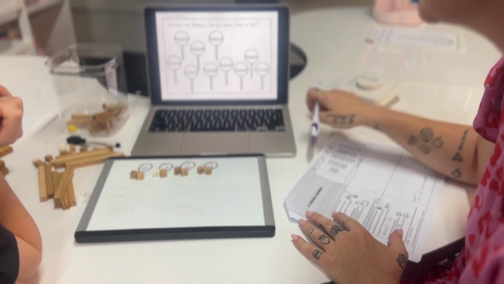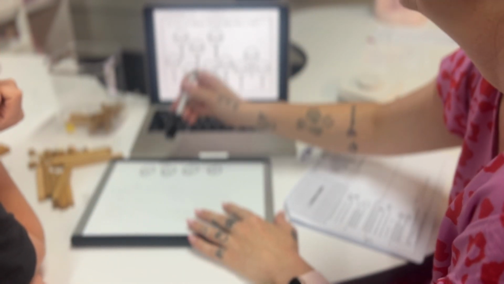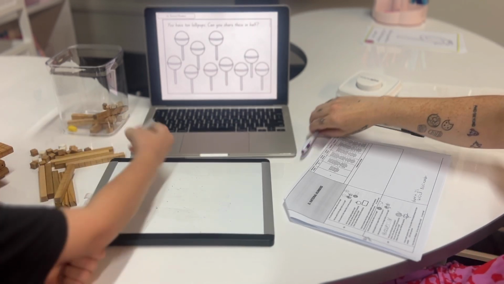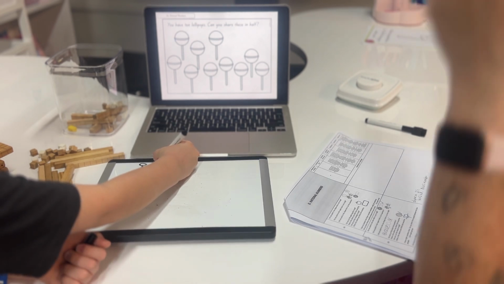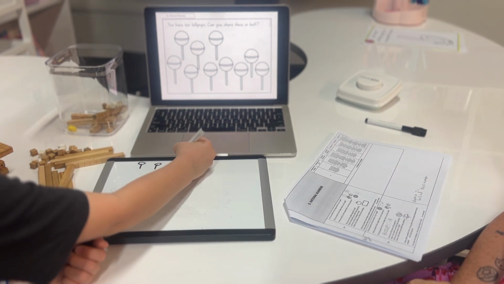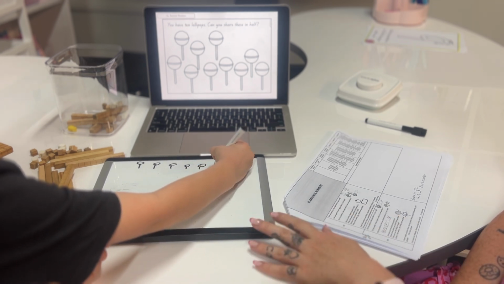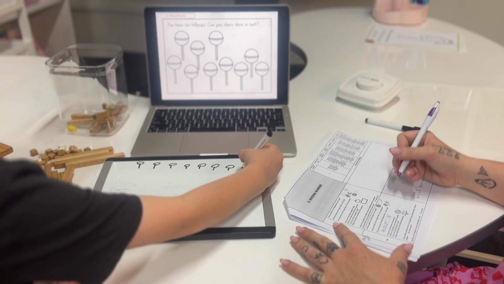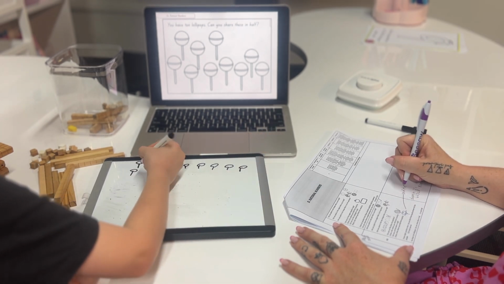Oh my gosh. This one here, I've got some lollipops. There's 10 lollipops here. Yummy. Can you share those in half? You can draw however you like, if you have it in your brain and you know the answer. 3, 4, 5, 6, 7, 8, 9, 10.